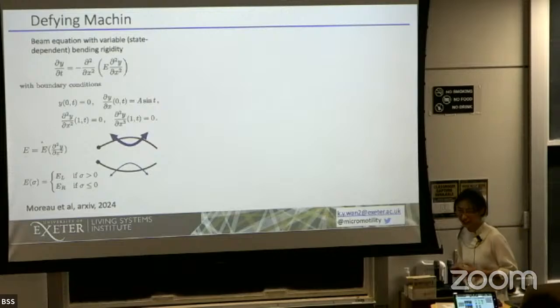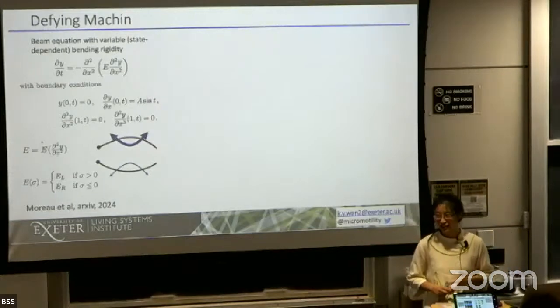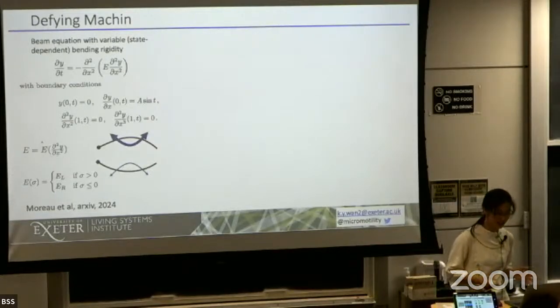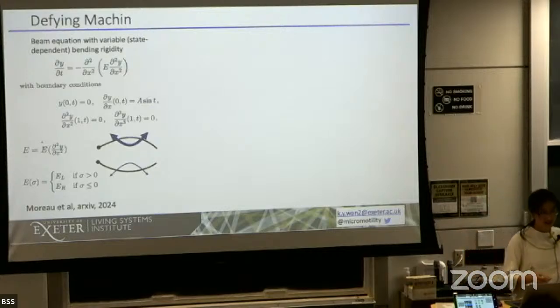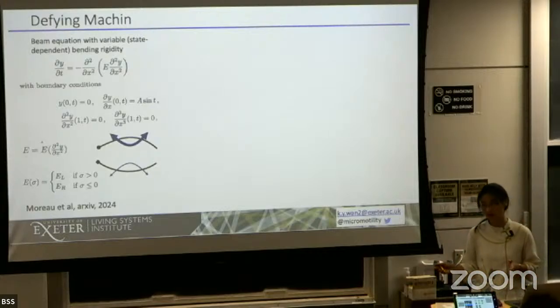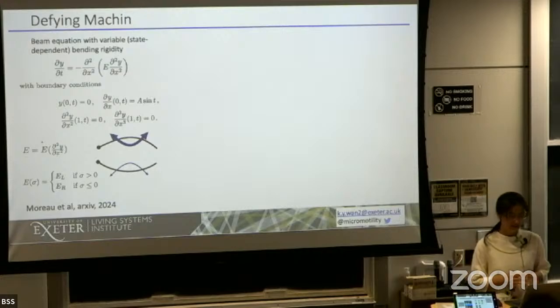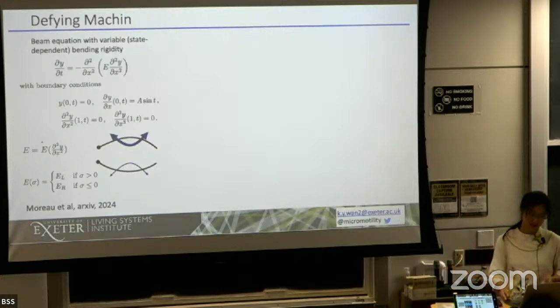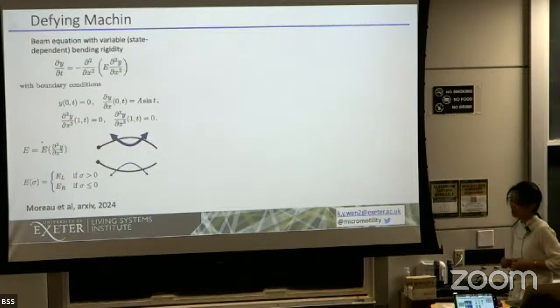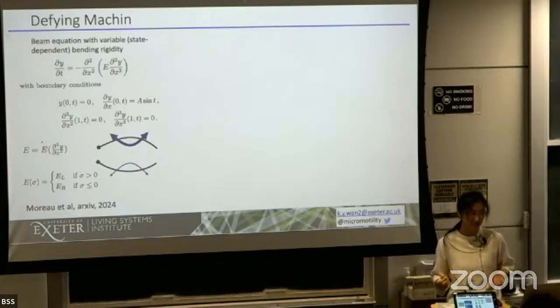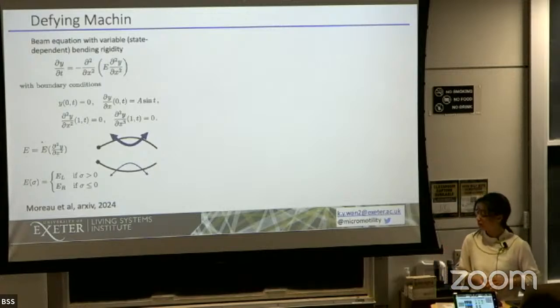But this really doesn't have to be the case. You can imagine much more complicated scenarios where the bending rigidity varies as a function of length, and there are some studies that have looked at that. But maybe more interestingly, from a design perspective, what happens if the bending rigidity depends on the sign of the local curvature?